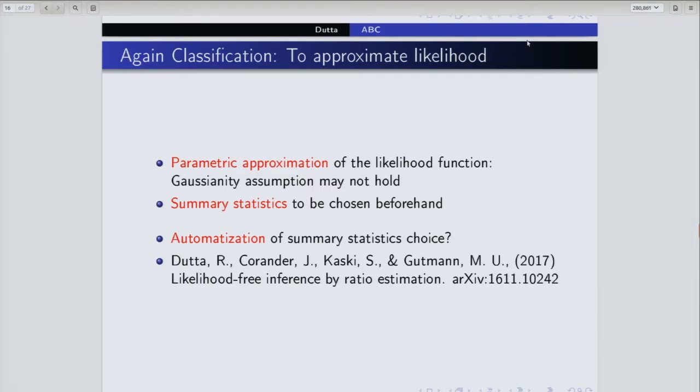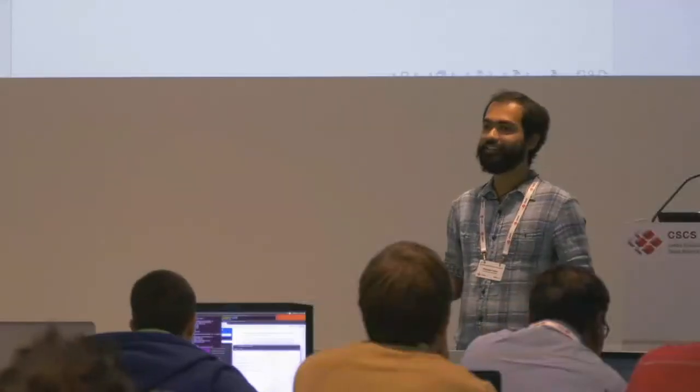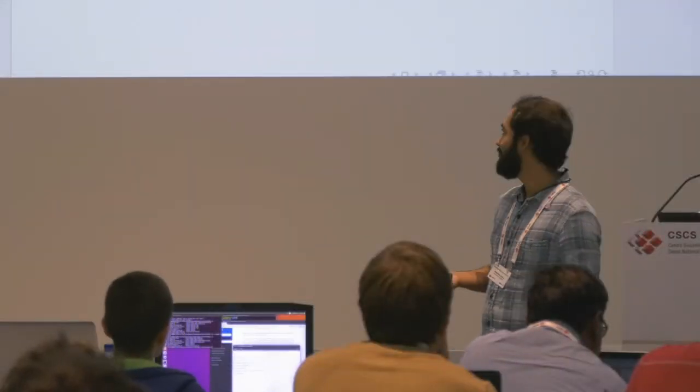But this has some restrictions. The first is that this is a parametric approximation of the likelihood function. In a lot of cases, the Gaussianity approximation would not hold. There are thin tails, and in their paper, literally, they come up with a recipe of 10 ways to solve these things. Those are very arbitrary and subjective, and you can't really know in your problem how to do that.